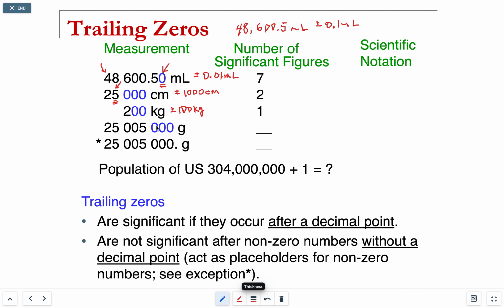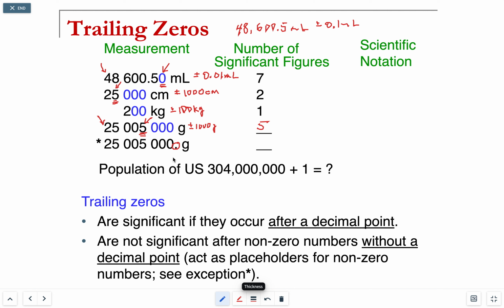When we look at this value, we start our count here and we end there. That's our best guess. So we know this value to plus or minus 1,000 grams. So this is 1, 2, 3, 4, 5 significant figures. Now, if we want to express that the 0 at the end here, just like in this case, is significant, we put a decimal point here.